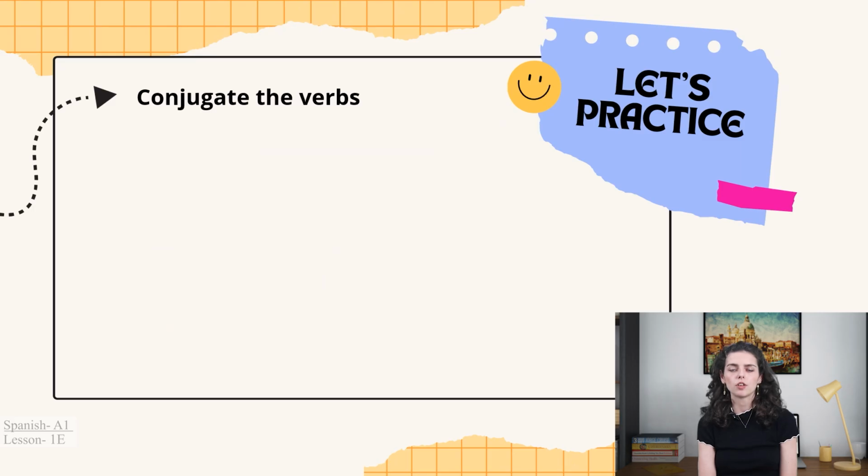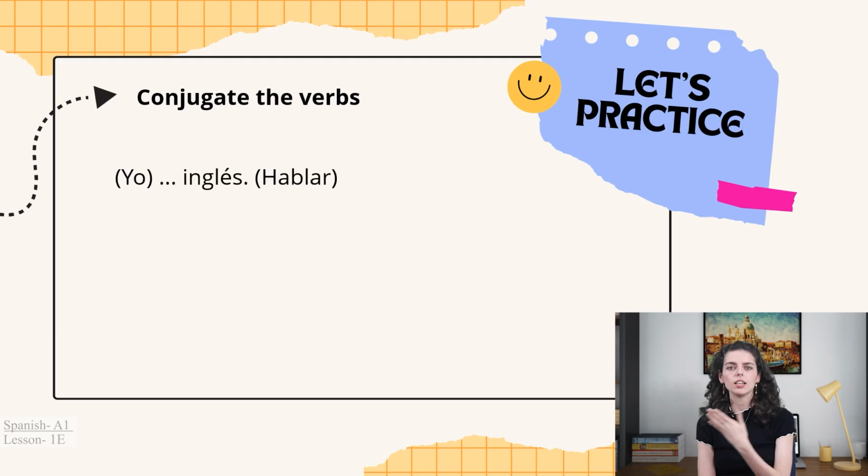Pay attention to the accents. I know we still haven't learned the theory, but it is good to start getting used to them to see how they change certain words. And by the time we start learning how to use them, you'll be a little bit more familiar with them. Now it's time for you to do some practice. So I want you to conjugate the following verbs.